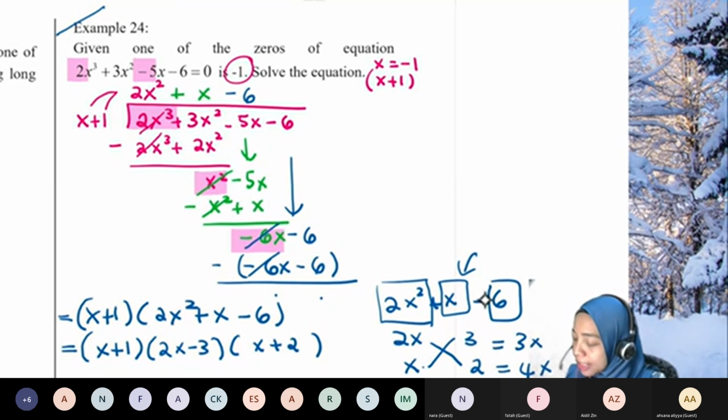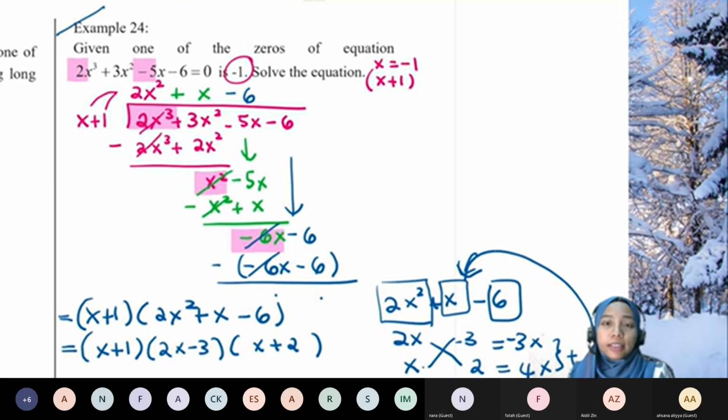Tetapi dia nak apa? Salah satunya mesti negatif. So sama ada ini atau dekat 2. Katalah I buat dekat sini, x times negative 3 will give me negative 3x. So negative 3x plus 4x dapat x sama seperti yang di tengah.